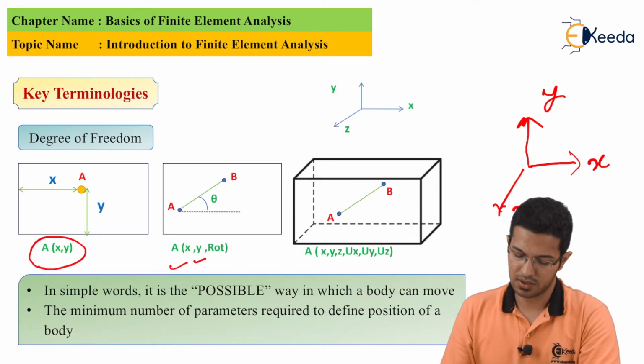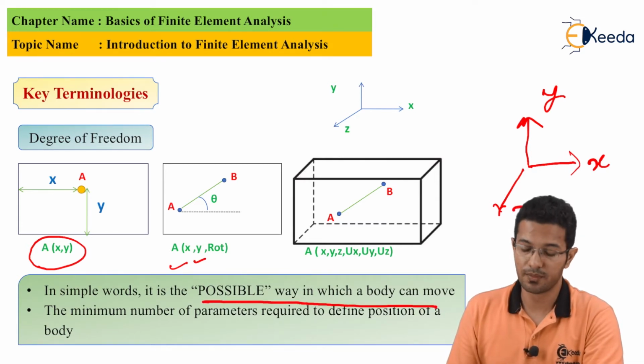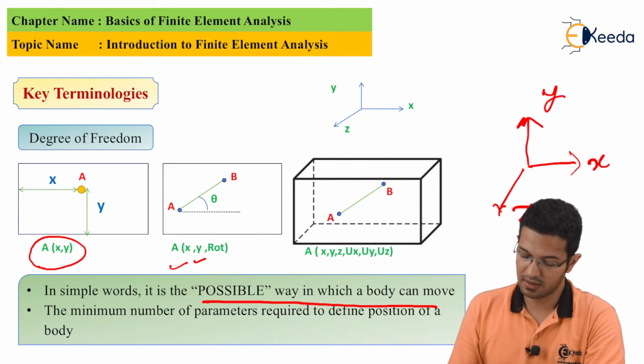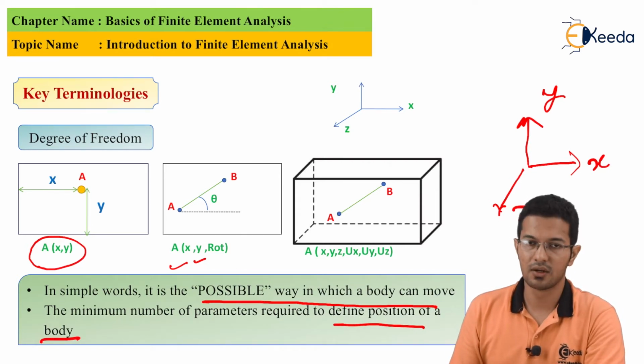In simple words, degrees of freedom is nothing but the possible ways in which a body can move. The minimum number of parameters required to define the position of a body is called as degrees of freedom. So in the first figure, we saw point A is having 2 degrees of freedom.